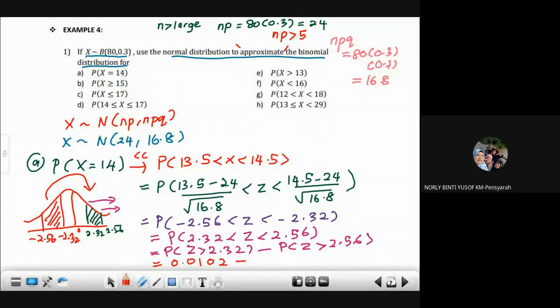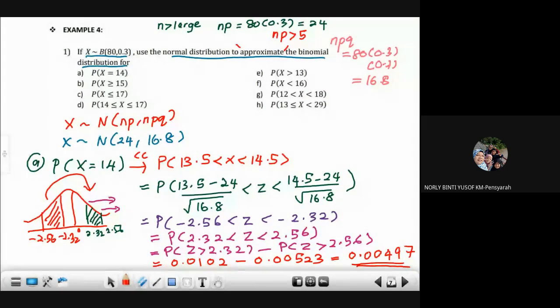Baca 2.56, you akan dapat nilai dia smaller sebab dia kat bawah kan, 0.00523. So tolakkan, since that dalam table ada yang 4, ada yang 5, jawapan tu follow you punya jawapan dia you baca. Kalau ada 5 jawapan you bagilah 5. You jangan round off lah. So 0.0497. So you ada 5 decimal places. So this is your answer for A.